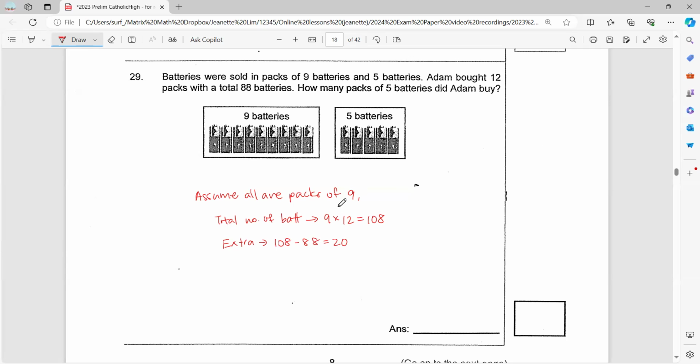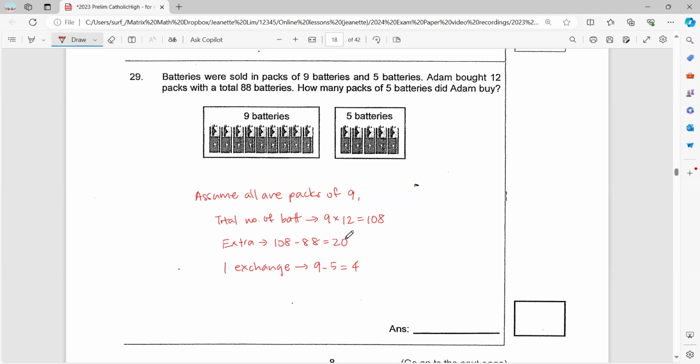So we have to exchange. Every one exchange, from a pack of 9 to a pack of 5, I will lose 4. Okay, that's the difference between one pack of 9 and one pack of 5. I lose 4 every exchange.